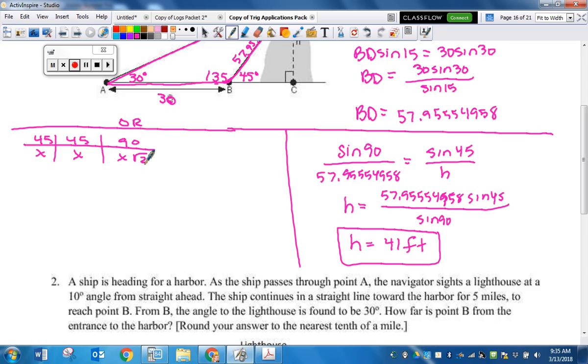The side opposite the 90, the BD, is x radical 2. So if I want to solve for x, which is the side opposite 45, which is also h, then I could just take my BD value and divide it by radical 2.